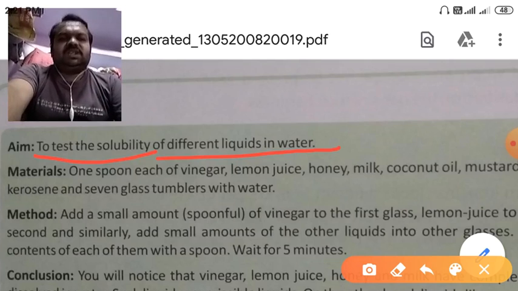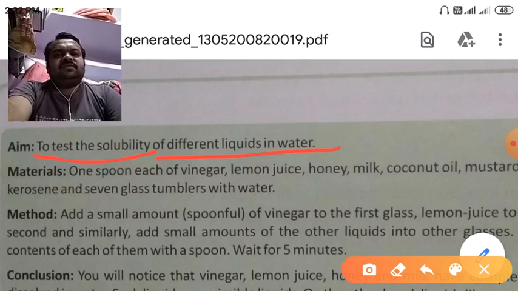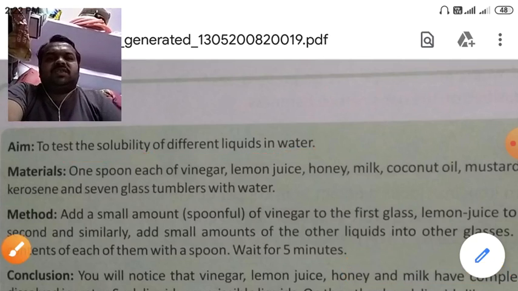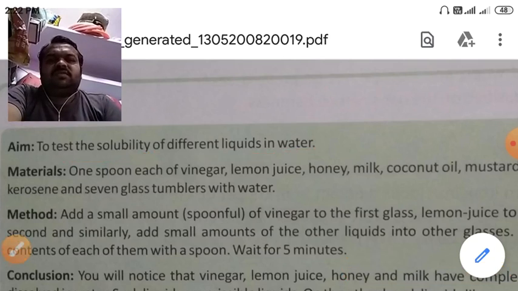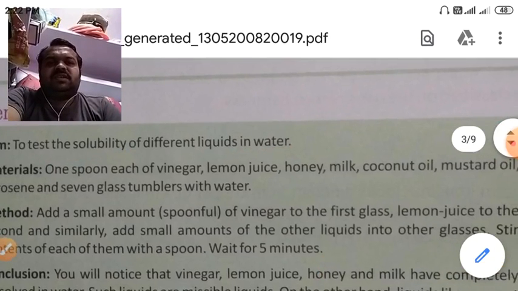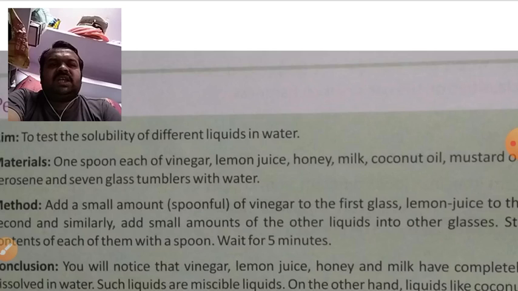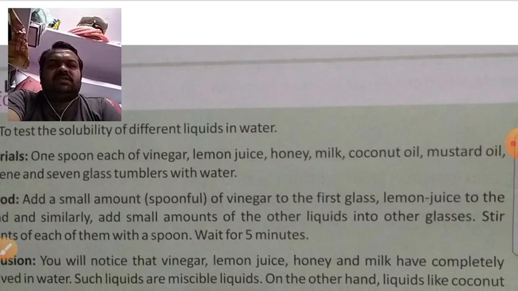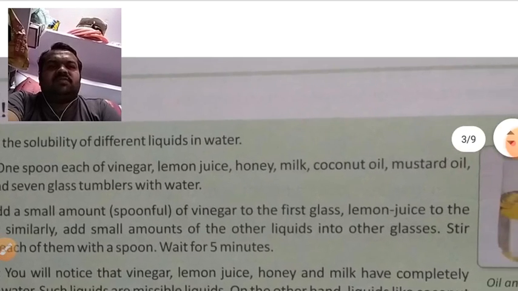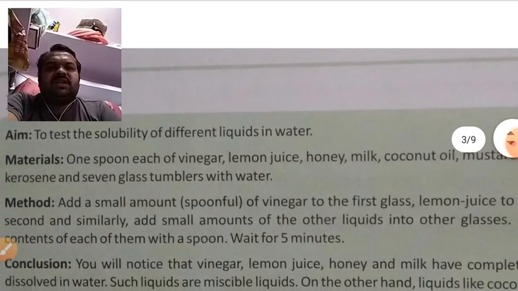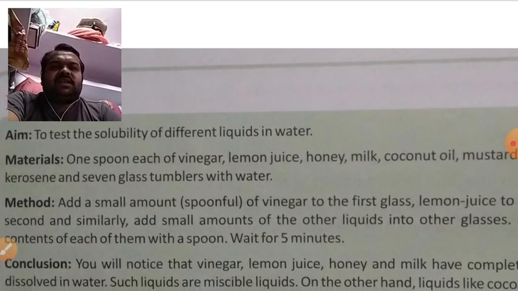Look here at what materials you have to take: one spoon each of vinegar, lemon juice, honey, milk, coconut oil, mustard oil, and kerosene oil, and 7 glass tumblers with water.